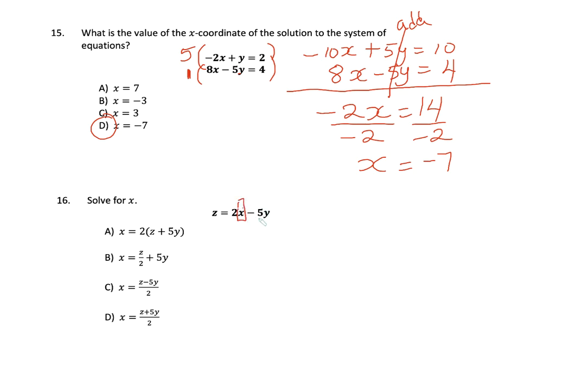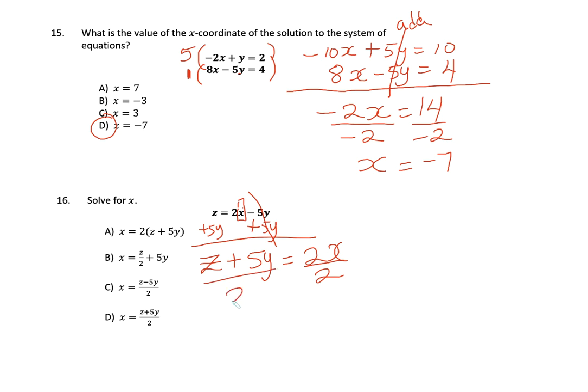The first step is I'm going to have to get rid of the 5y, so I'm going to add 5y to both sides. This is canceled. This becomes z plus 5y, because z and y can't really be added to each other. So you have a number sentence equal to 2x. Then solving for x, I need to get rid of the 2, so I'm going to divide everything by 2.